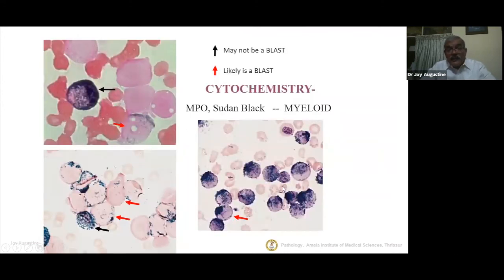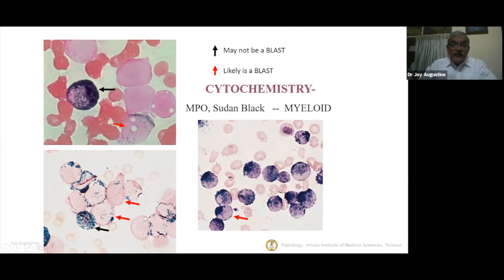Now, what are the cytochemical stains that you can do? Personally speaking, I generally do the peroxidase and the alpha-naphthyl acetate esterase. These are the two cytochemical stains which are very important, and then you combine it with a PAS stain also. These three will give you fairly a decent diagnosis.